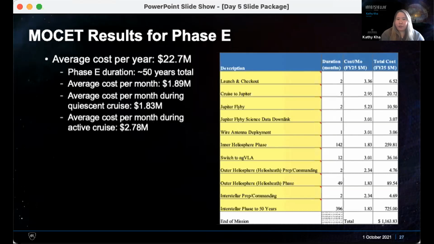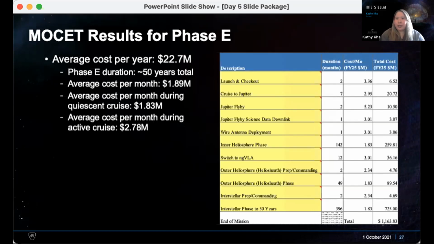And if we look at quiescent cruise versus active cruise, it's about 2.8 million during active cruise versus 1.8 million during quiescent cruise. So there are fluctuations that go into that 22.7, but overall it is 22.7 average.